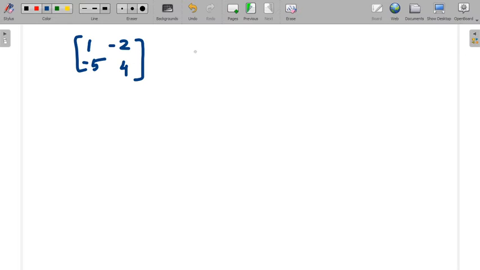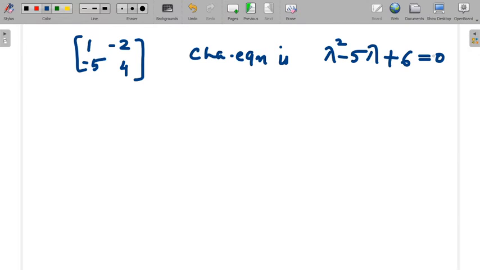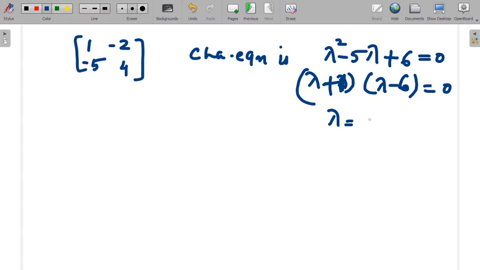And we obtained the characteristic equation as lambda square minus 5 lambda minus 6 equal to 0. So we solve this equation, and this can be written as lambda plus 1 into lambda minus 6 equal to 0. So the values of lambda are minus 1 and 6.